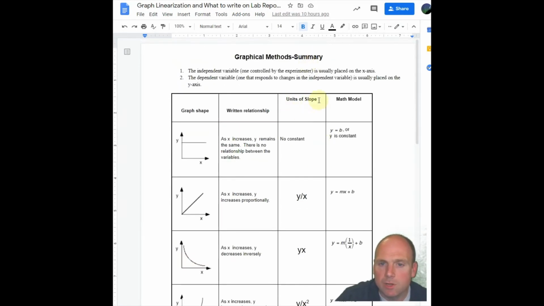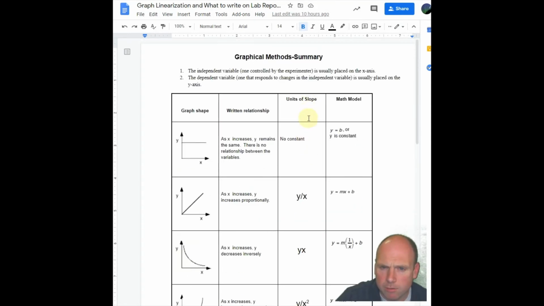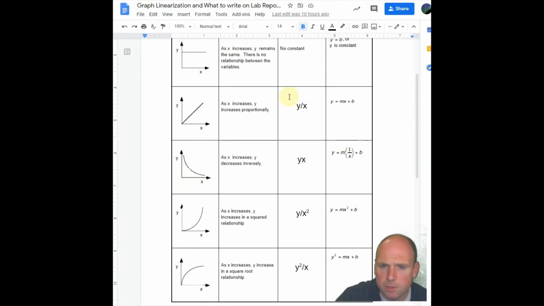Next column is units of slope. Now, I say units of slope, really it's the units of the constant. And this is a weird little equation that you have in here. I'm going to show you how to use this, but you basically take the units, if it were linear, you take the units of y over the units of the x axis. If it were an inverse, you take the units of y times the units of the x axis.